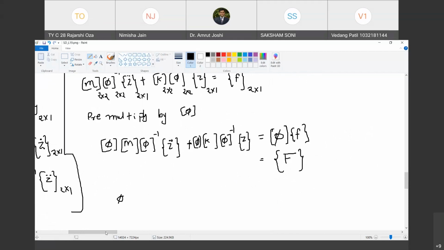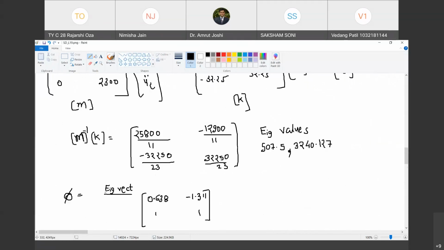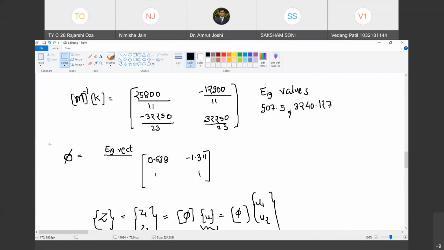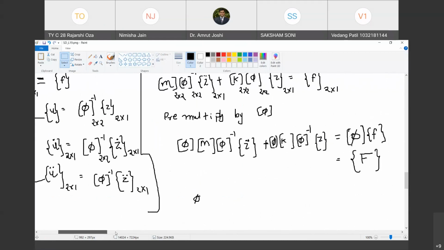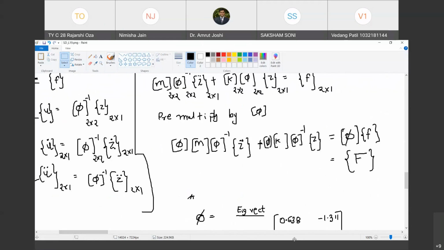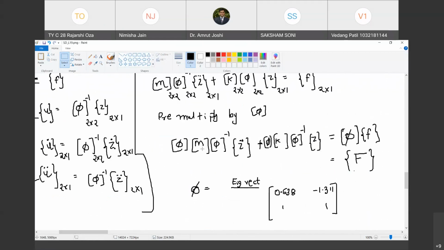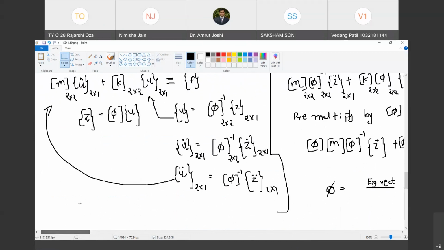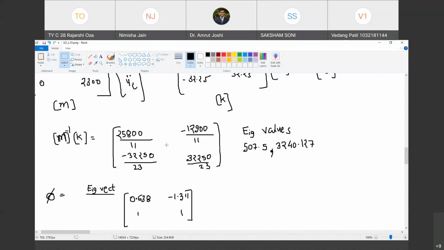So we already have phi matrix in place. This is the phi matrix. Are you with me? So let me put that matrix here. What else do we require? We require M and K matrices. Do we have M and K matrices in place? Yes.